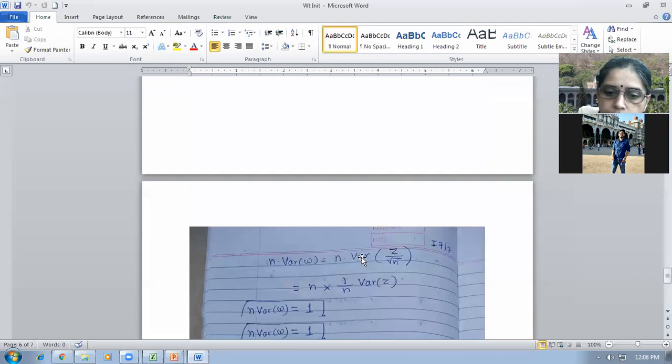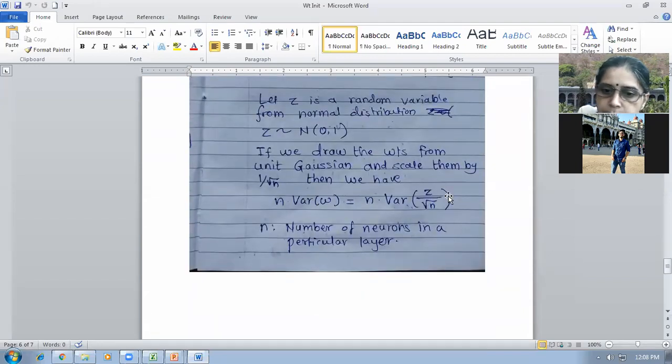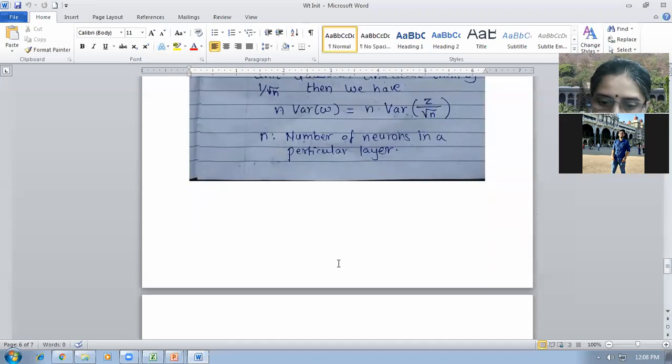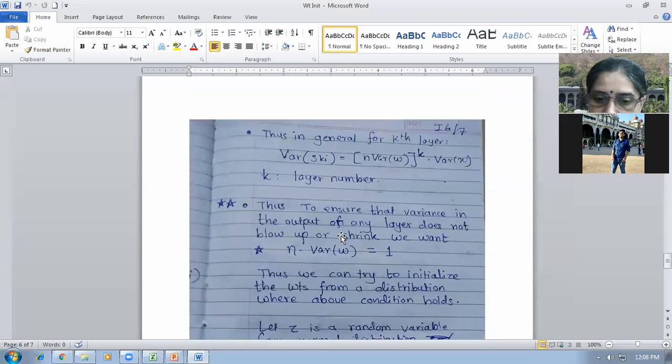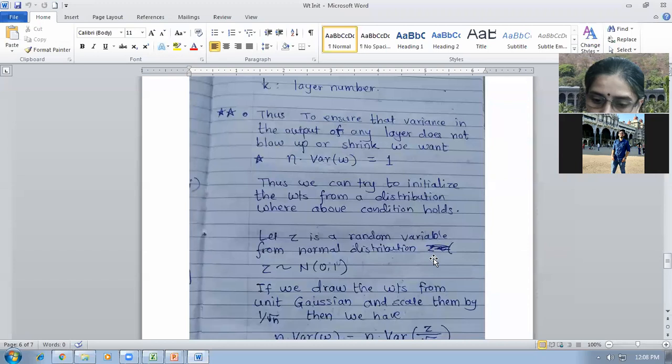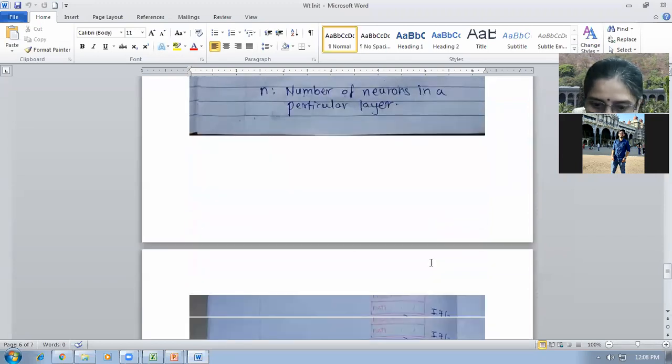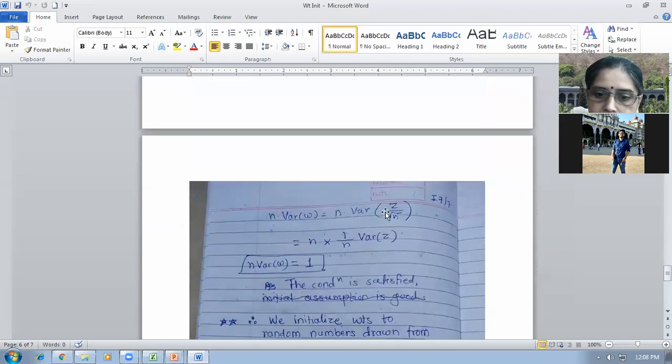We use a normal distribution and we divide each parameter by the square root of n, so that we can achieve this condition n into variance w is equal to 1. When we scale every weight by root n, we get this term, and this condition n into variance w is equal to 1 is satisfied.